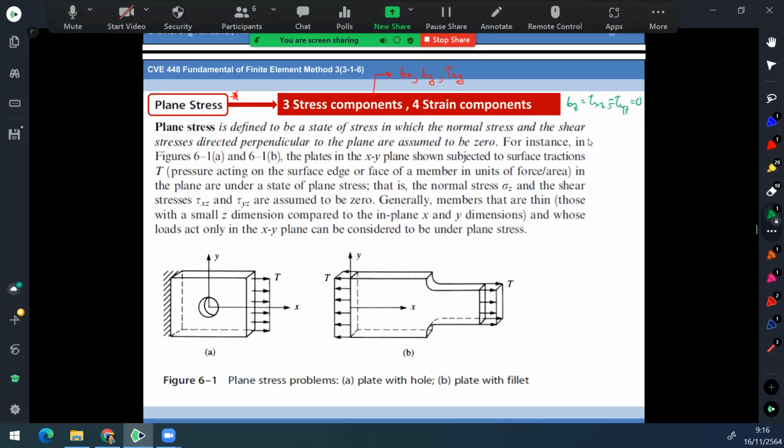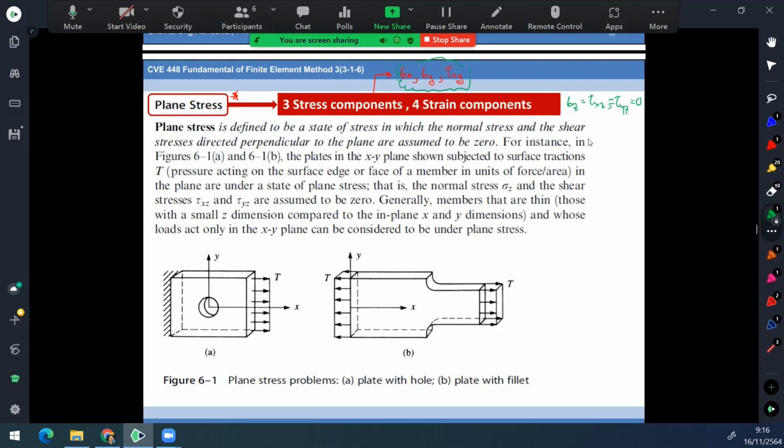So we define this type of problem, where we consider just three stress components, sigma x, sigma y, and tau xy, as plane stress. But you have to note that we have three components of stress, but four components of strain, because of the effect of Poisson's ratio.